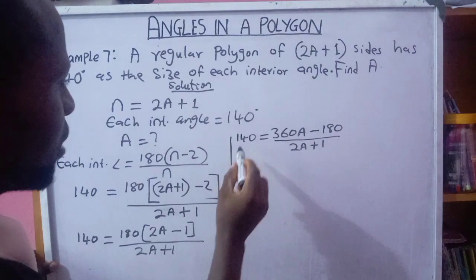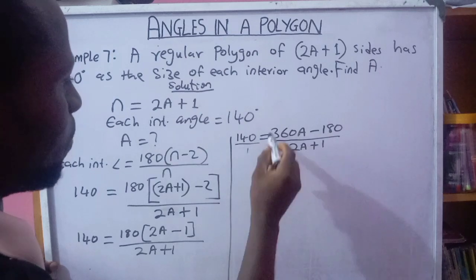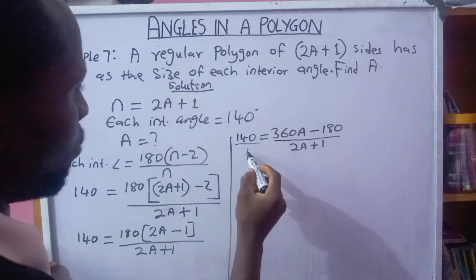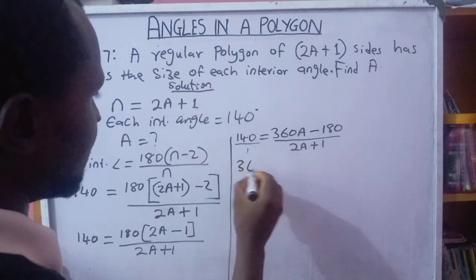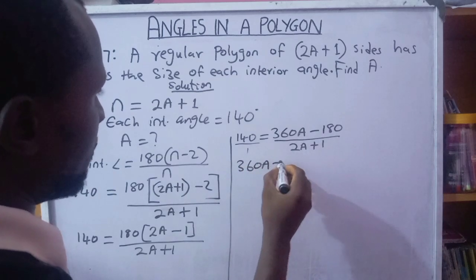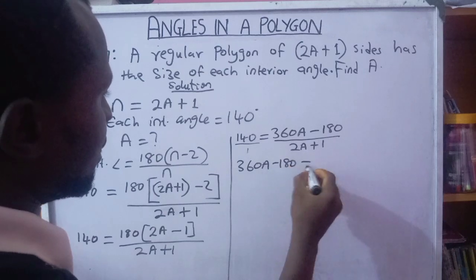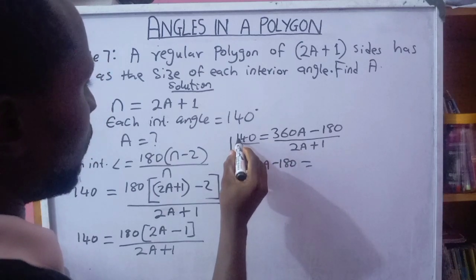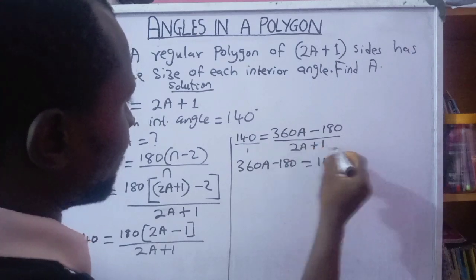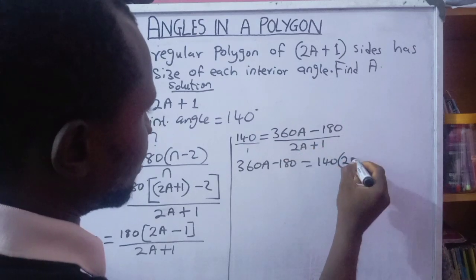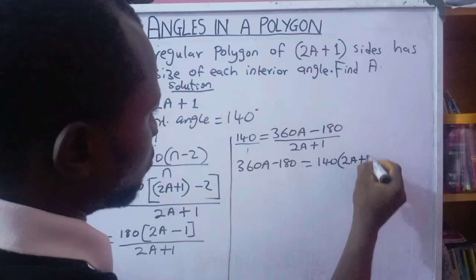We have to cross multiply. We cross multiply. So that will now mean 1 times 360a minus 180 will give us 360a minus 180 is equal to, then we have it as 140 bracket, because we are multiplying two things here. You have to put it in bracket. That's the 2a plus 1.